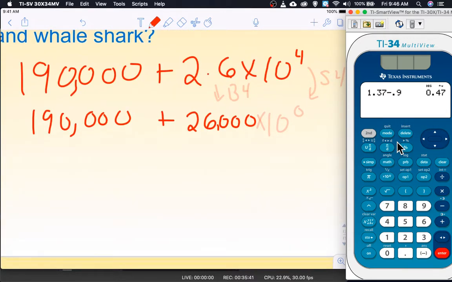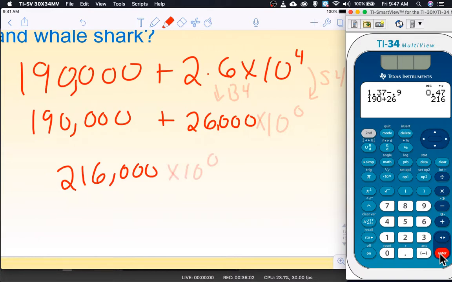So that gives me 216,000, I think. 190,000 plus 26,000 is 216,000. Changing it back into scientific notation, we're going to add our 10 to the power of 0 and go, okay, I know this can become a 2.16 times 10 to something.